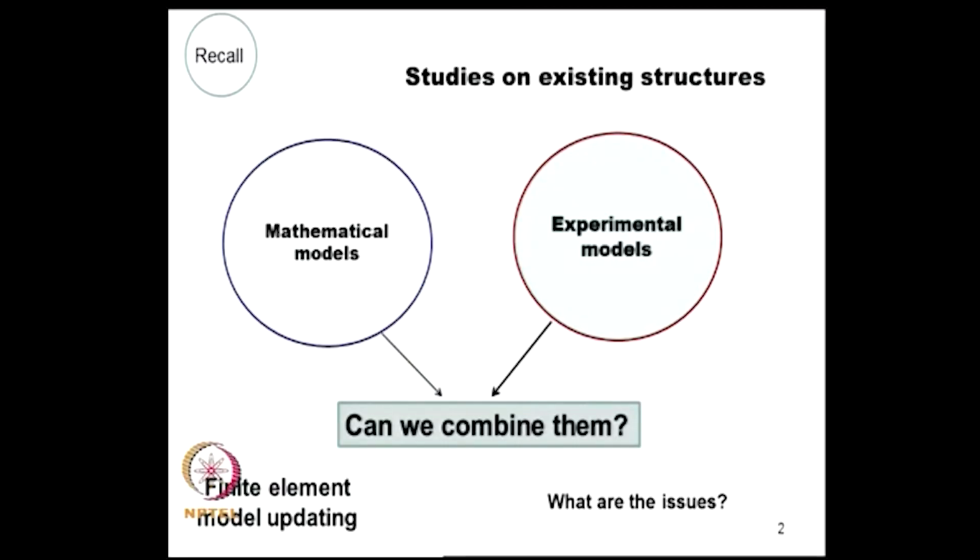But the imperfections associated with experimental work are associated with the process of measurement, that is calibration errors associated with the sensor, the sensor structure interaction, the actuator structure interaction, and problems with data acquisition that may have problems of aliasing, and so on and so forth. So, both these models therefore are imperfect. So, we need to somehow allow for these things when we try to reconcile predictions from these two models.